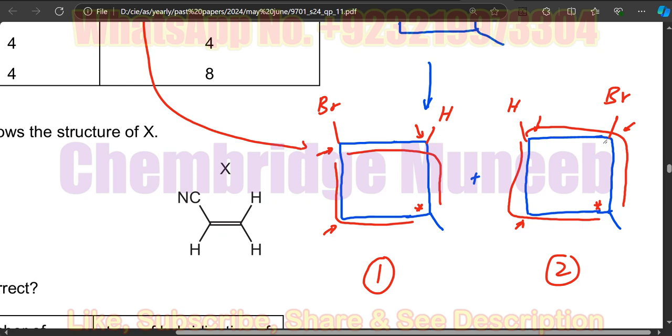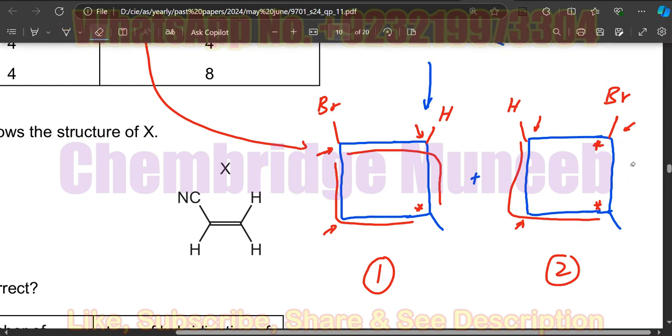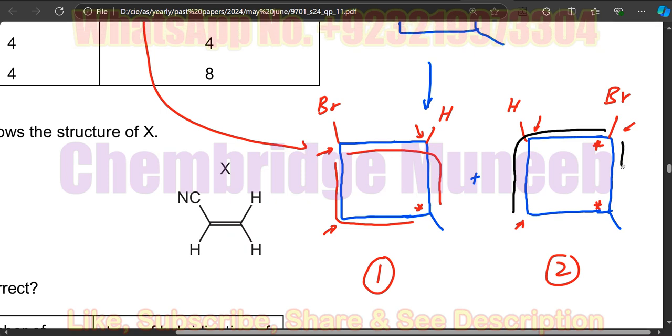chiral center does exist here. There is another chiral center here, because if we move from this direction to another one, these are different groups.